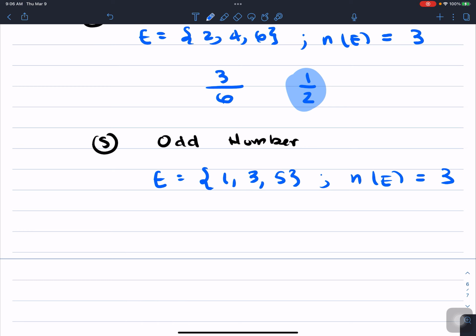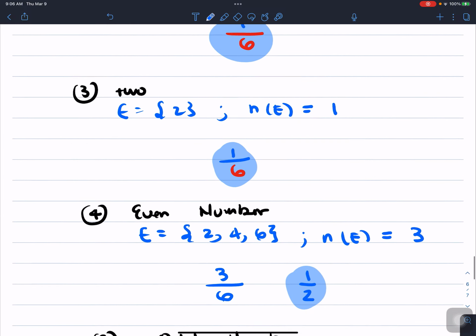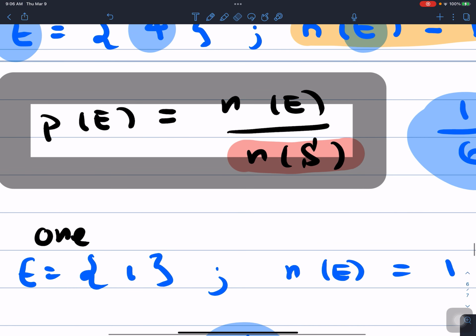Good. All right. We're almost there. What's the definition of a probability of an event? Remember this? It's the number of outcomes in the event divided by the number of outcomes in the sample space.